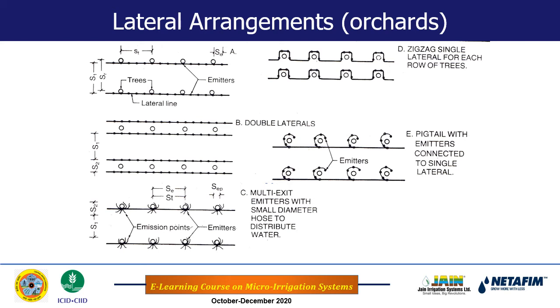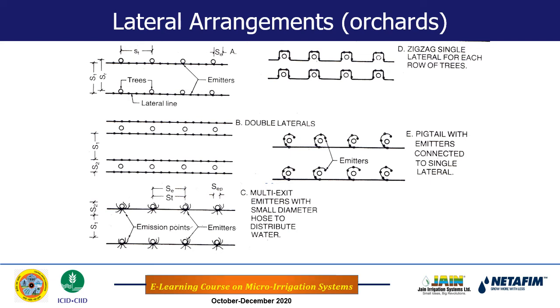If you see from the left side, the first figure shows only one lateral per row of the tree crop. This is sufficient when 3 to 4 emitters are required per tree, as shown here. But when more emitters are required per tree, then we have to have 2 laterals per row of the tree. Here it is shown: these are the tree rows and there are 2 laterals.